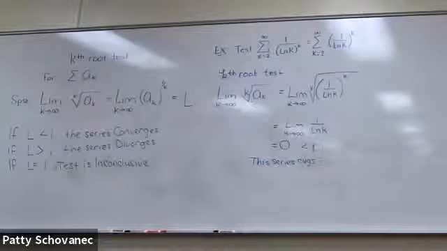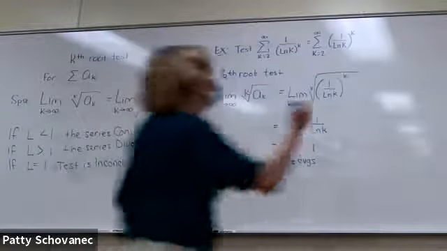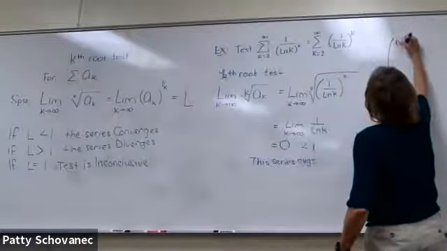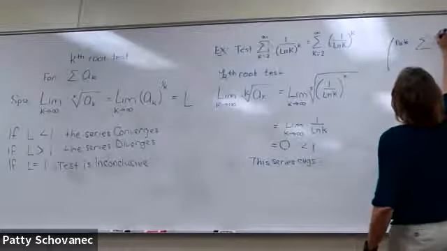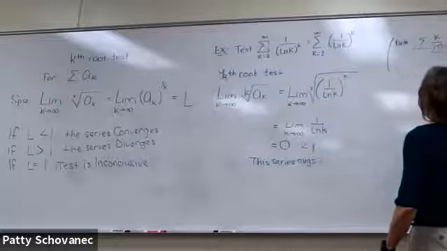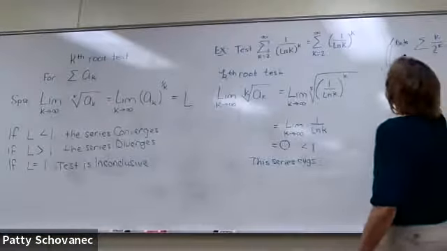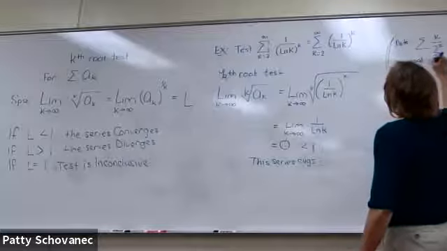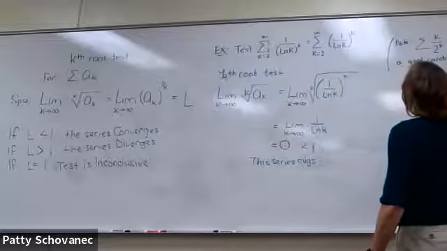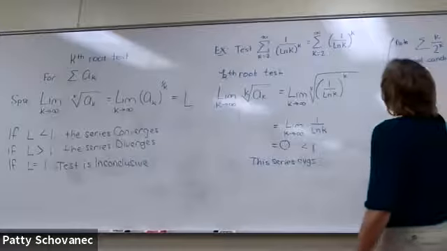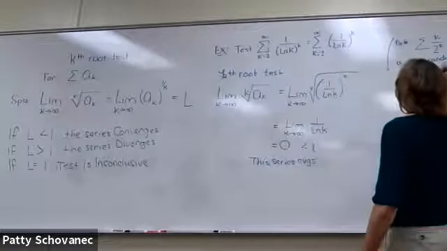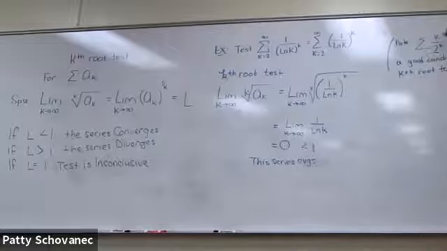Now, we had an example from earlier. We did something like K divided by 2 to the K. Then I wouldn't use the K root test. I would use the ratio test. So note the series K divided by 2 to the K is not a good candidate for the K root test because my numerator doesn't have a K power.